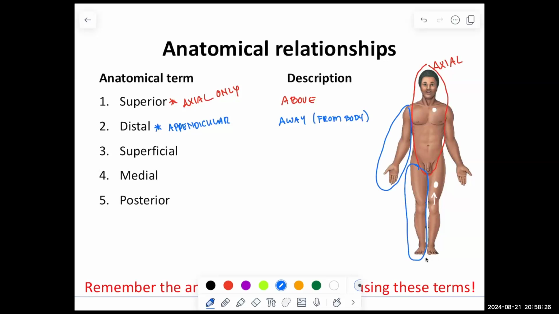So you can say your patient has an injury distal, because it's further away from the body, distal to the elbow. Those two, I think, are the toughest ones. You got to remember when to use superior, when to use distal.